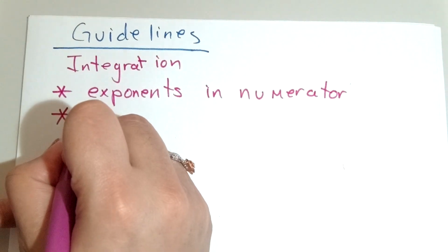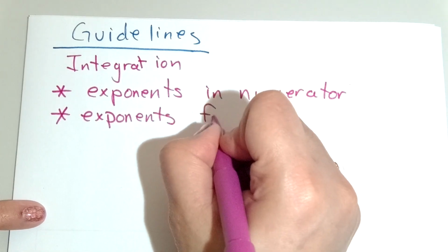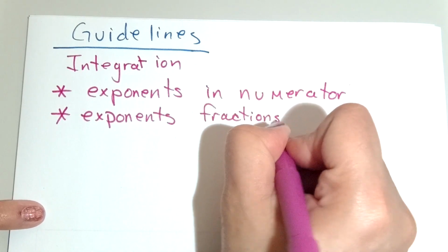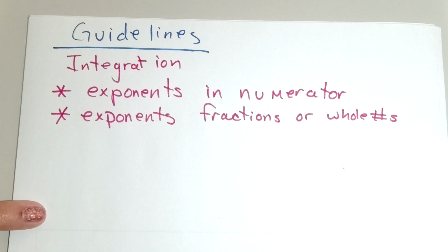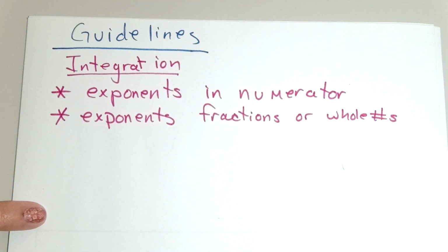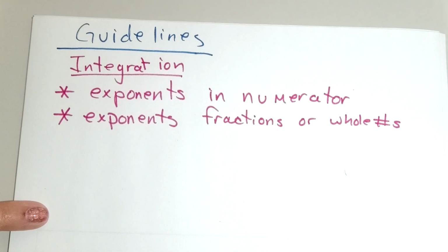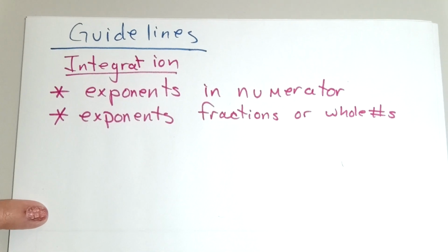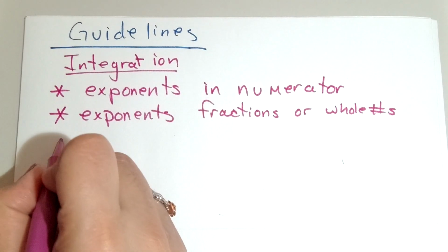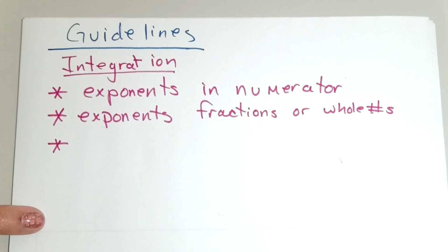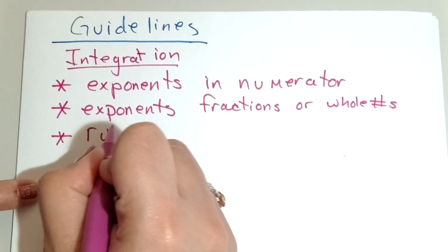You also want to make sure that the exponents are fractions or whole numbers. If they're not, you've got to put them in there in order to use your power rule. You can't use your power rule for integration or differentiation if you do not have them as a fraction or whole number. And then right now, even though we have constant and power rule as our only rules, you have to ask yourself what rules are being used.